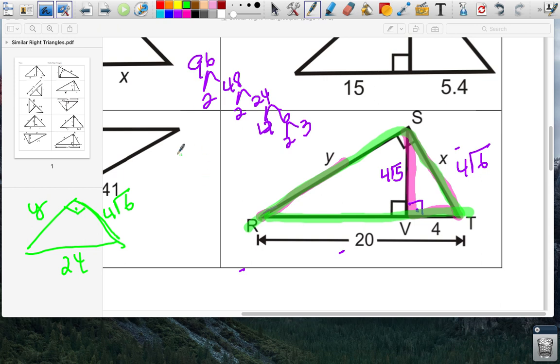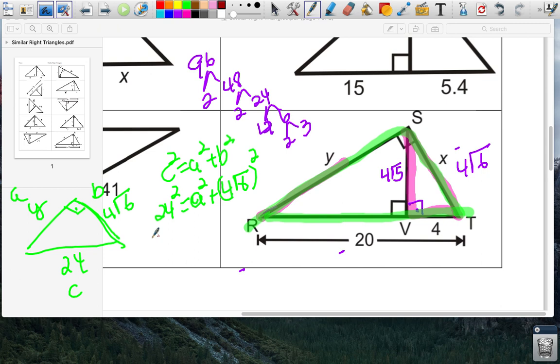So again, Pythagorean theorem, c squared equals a squared plus b squared. My c is my hypotenuse, and this is a and b. So c squared is 24 to the second power, a is going to be y, and b is 4 square root of 6 to the second power. And I'm going to change colors. 24 squared is, I have no idea again, 576.